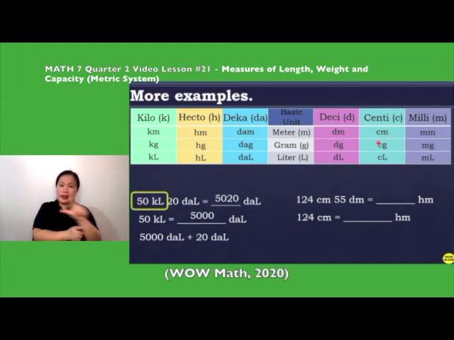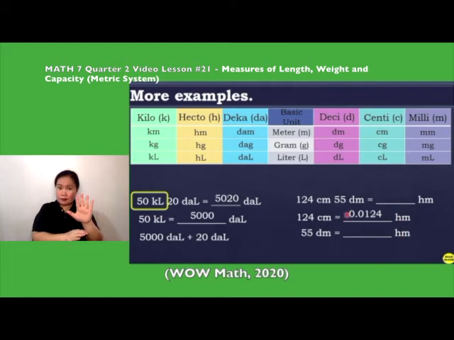Apat. Ulit. 1, 2, 3, 4. Apat na pa left. So, nandito ang decimal point. 1, 2, 3, 4. May isang bakante. Okay. So, from here, 1, 2, 3, 4. So, 124 centimeters is equivalent to 0.0124 hectometers.